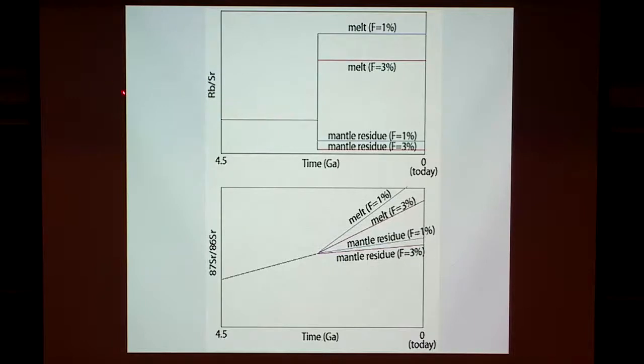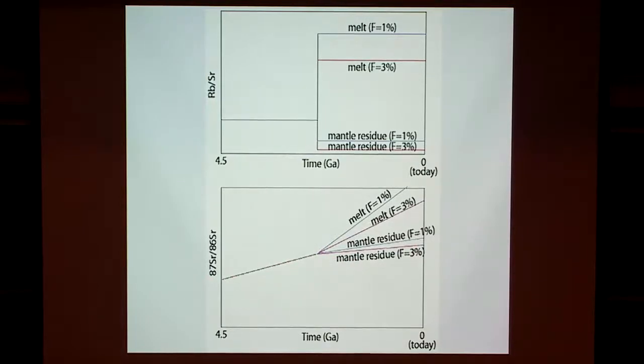The rubidium-strontium ratio is constant, but rubidium-87 is always decaying to strontium-87, so this reservoir is always increasing. And then melting occurs. You generate melts with high rubidium-strontium, so now the rate of increase of the 87-86 increases. And the residue has a lower rubidium-strontium ratio, so the rate of increase is lower than the original mantle reservoir.